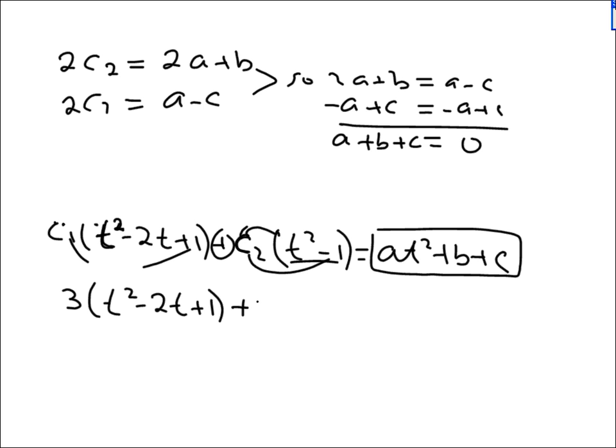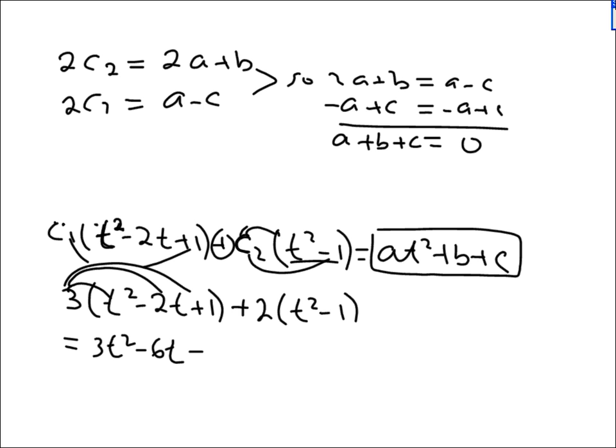I'll let c2 be 2. Well, this gives me 6t squared, sorry, 3t squared minus 6t plus 3.